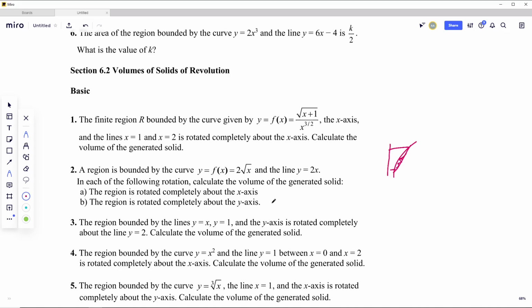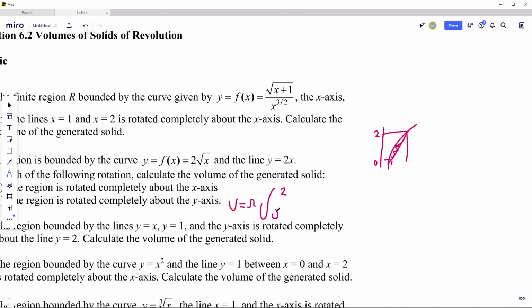In that case, V equals pi integral, and you're going to do it with respect to y, because if you use x, the line only goes vertical. So you have to use y. We said from 0 to 2, because it's 0, 1 here and 0, 2.